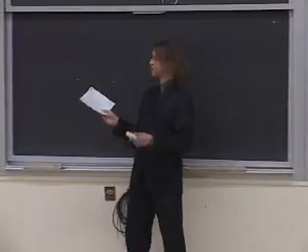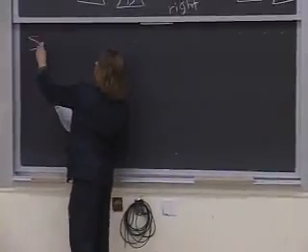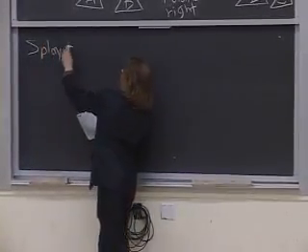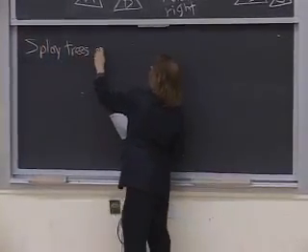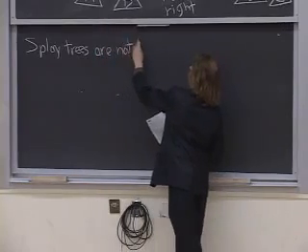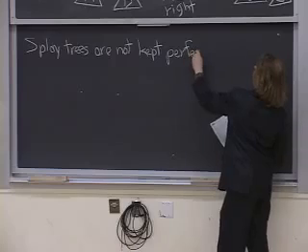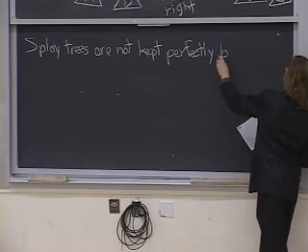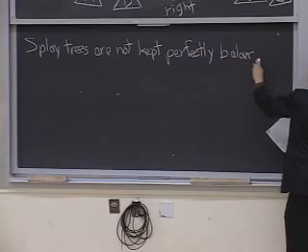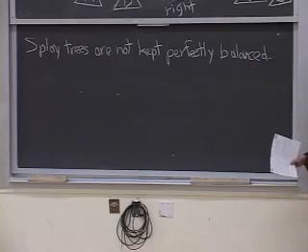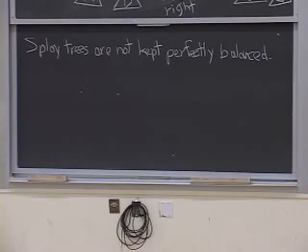So I do want to warn you that Splay trees are not kept perfectly balanced. One of the principles of a Splay tree really is that keeping a tree perfectly balanced, like a 2-3-4 tree, is hard work.